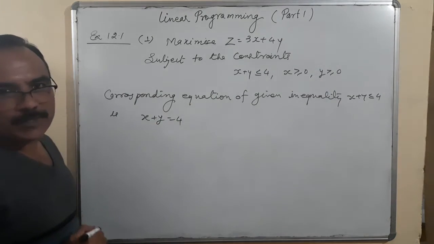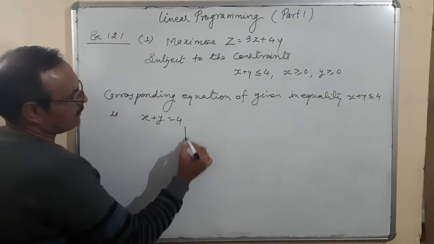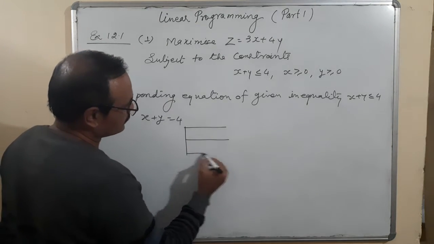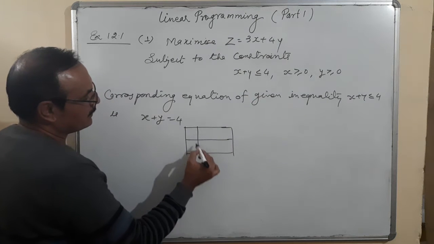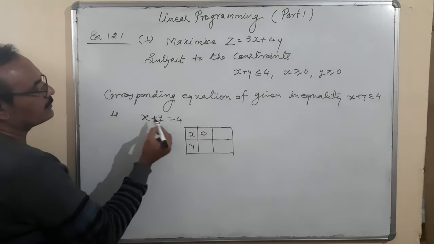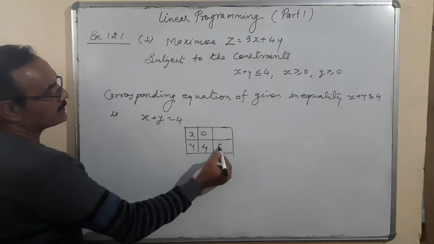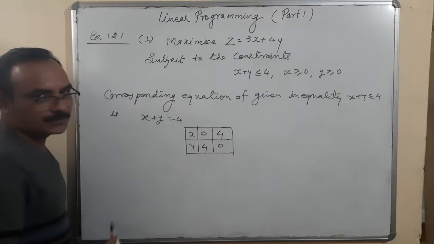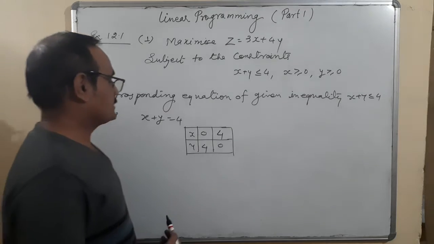We'll find out the solutions of that. At least two solutions are required to make a line. It is better to put x equal to 0, then y is equal to 4; y equal to 0, then x is equal to 4. We have already taken this example.